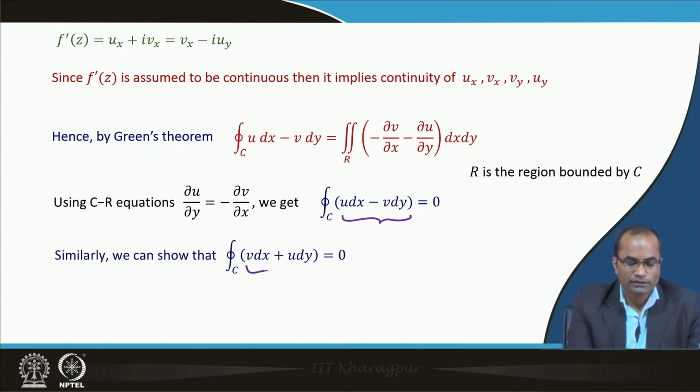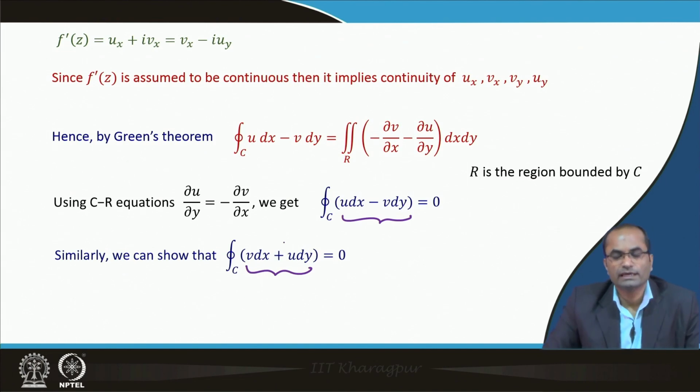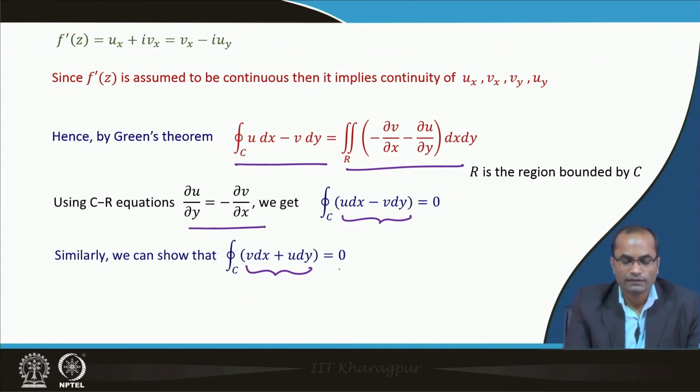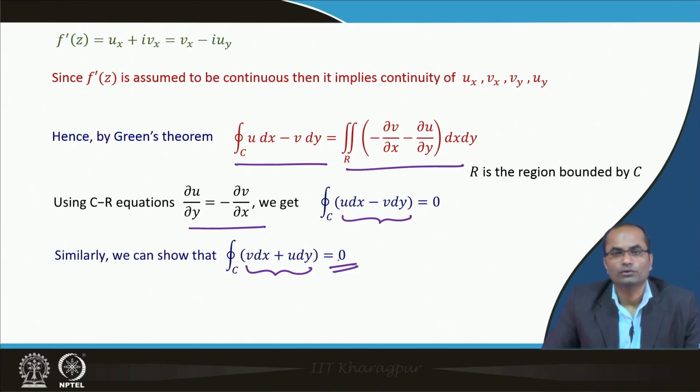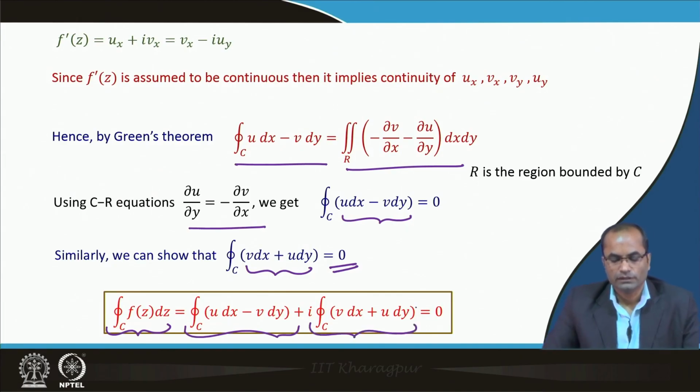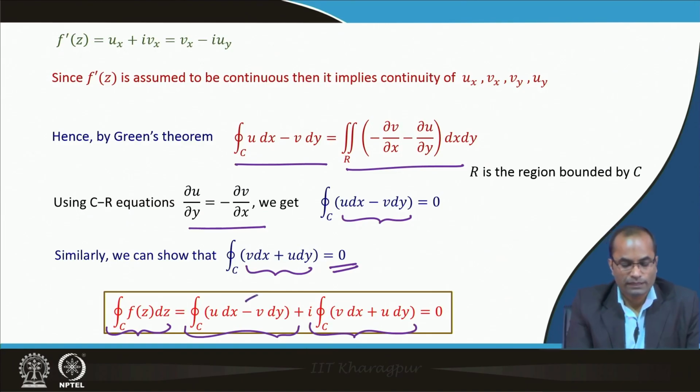Similarly, the other part, there were two parts there. So, v dx plus u dy, we can also use a similar idea, the Green's theorem and then CR equations, and we can show that this is also 0. And therefore, this curve integral of f z, which was written in this form, u dx minus v dy, and this imaginary component v dx plus u dy, both of them are 0.